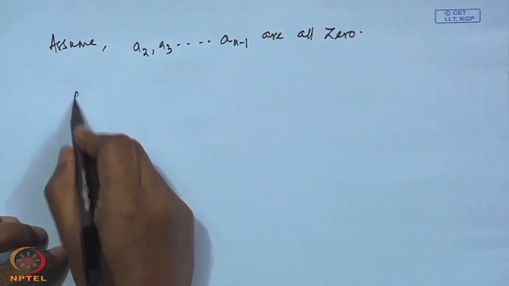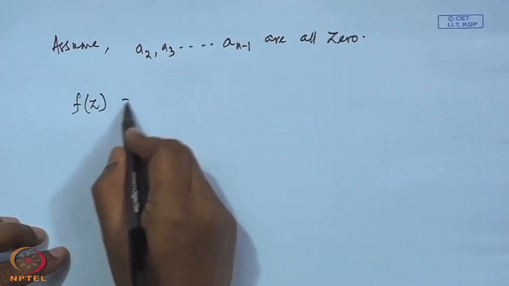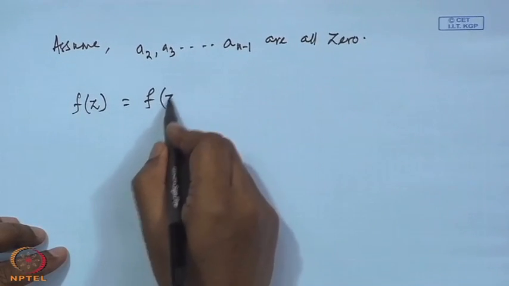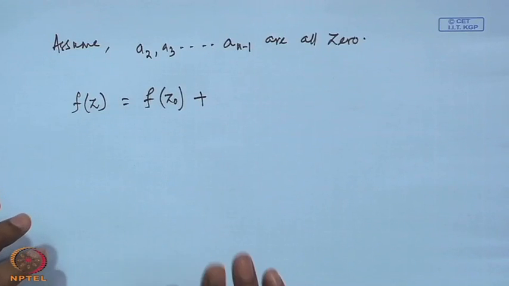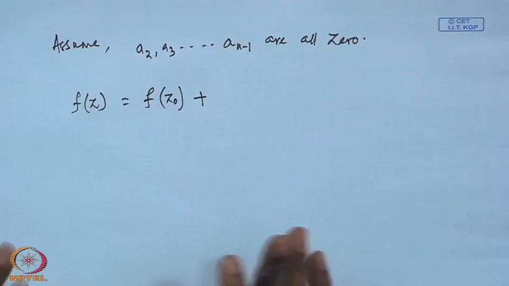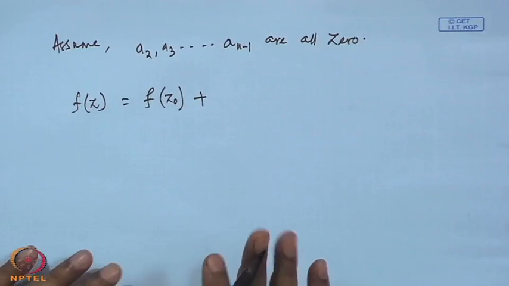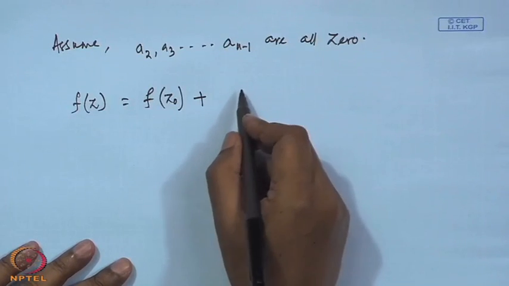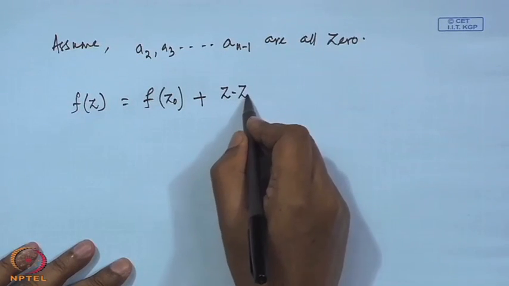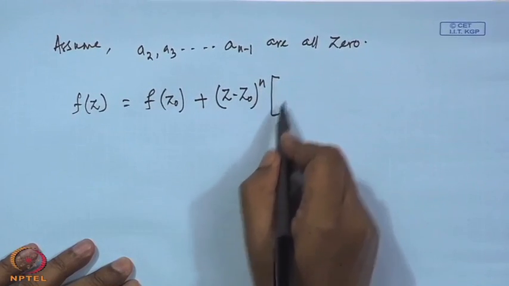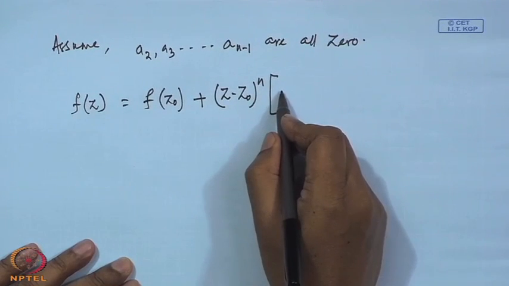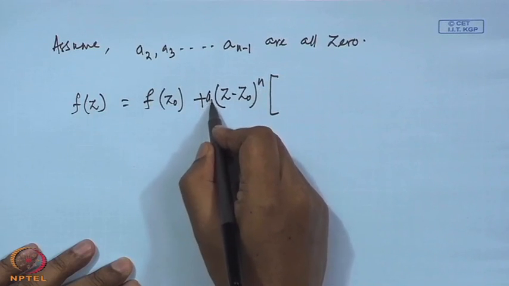Then we have f of z equal to f of z naught, and the first non-zero term that we have is at the nth term, and from there we take this, or let us take a n also.